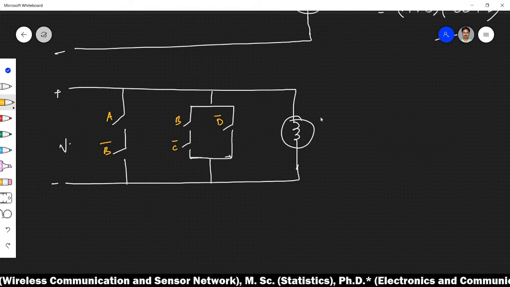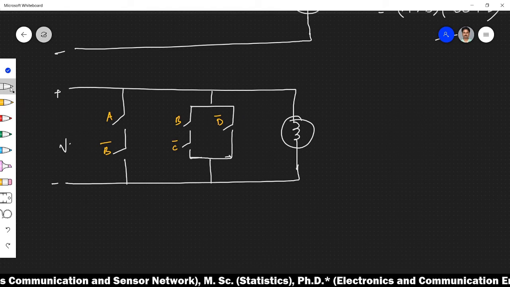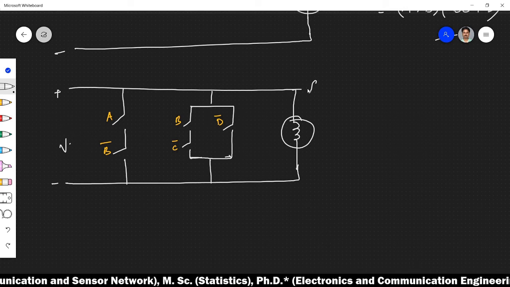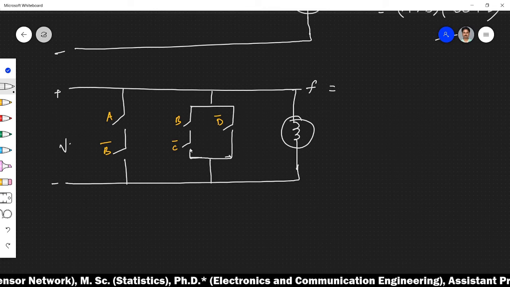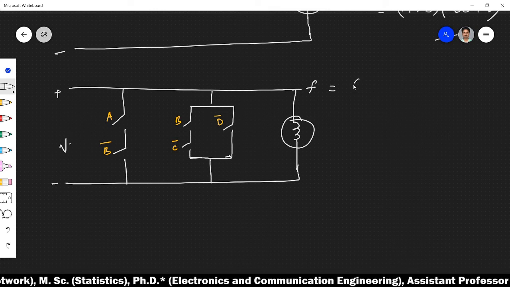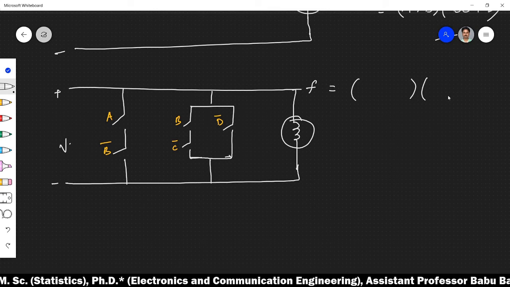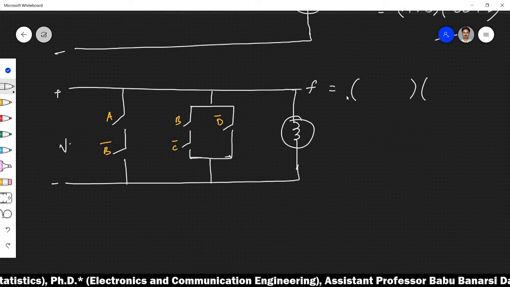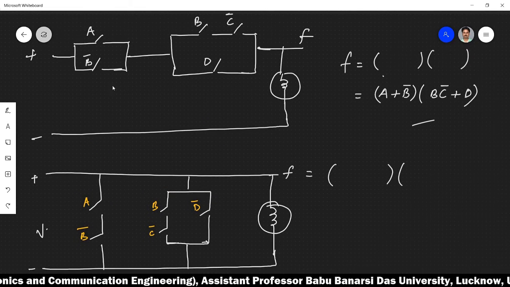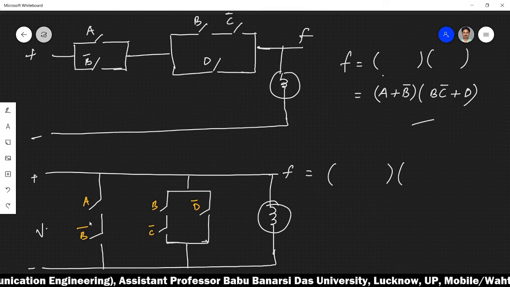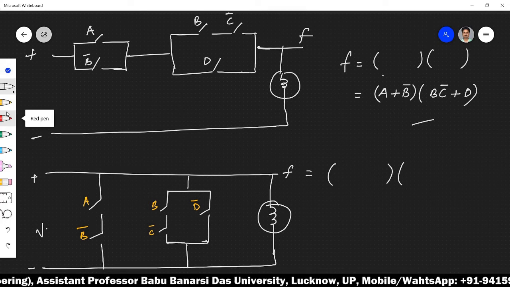You have to write the function for this so that this bulb will glow. Again, there are two shunt branches here. In the previous case we had series, and series is the AND operation; here you will have parallel, so we will use the OR operation.